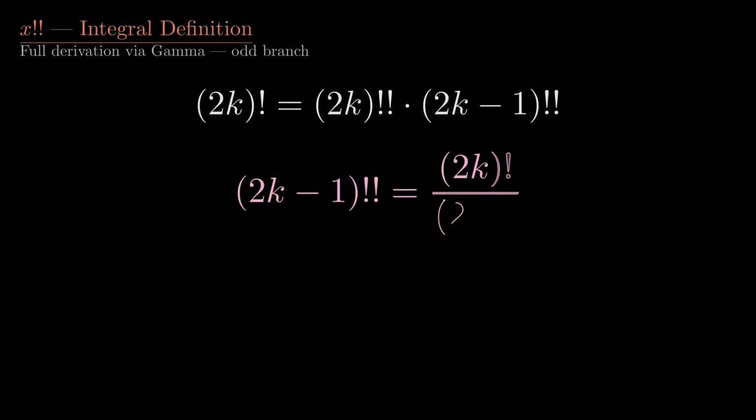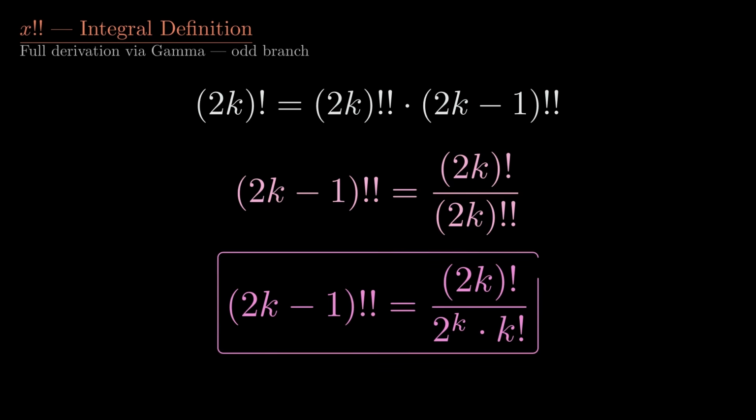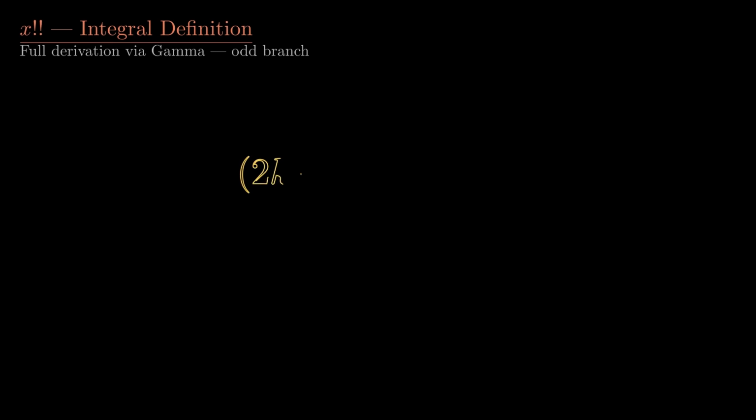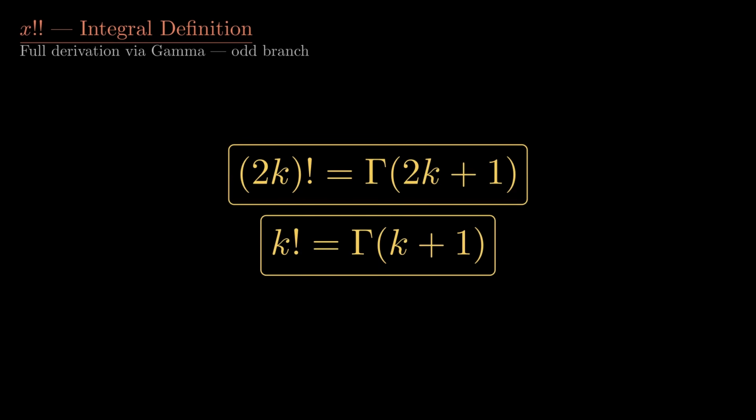This set is composed perfectly of the product of all even numbers and the product of all odd numbers. By rearranging this logic, we can isolate the odd double factorial as a ratio, the total factorial divided by the even branch we derived earlier.